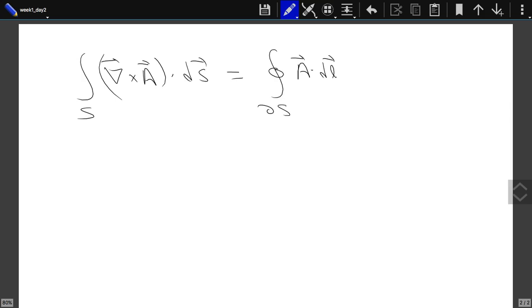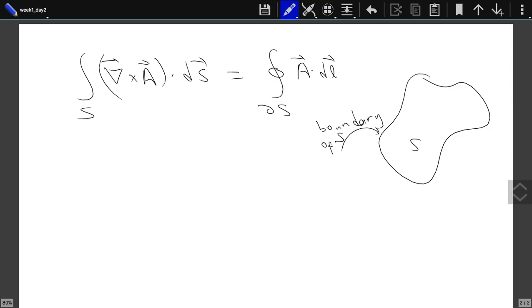Well, if you imagine any surface, so this is the surface S, this is the boundary of S. If you have any surface, the boundary is a closed loop. So the integral of the curl of a vector field over any surface is equal to the loop integral of the vector field around the closed loop forming the boundary of the surface.